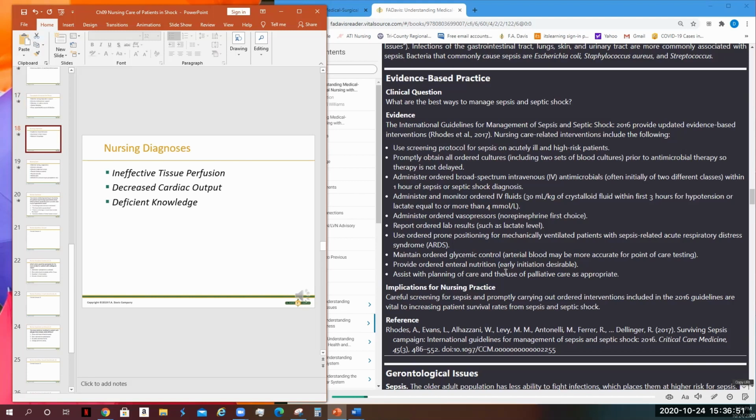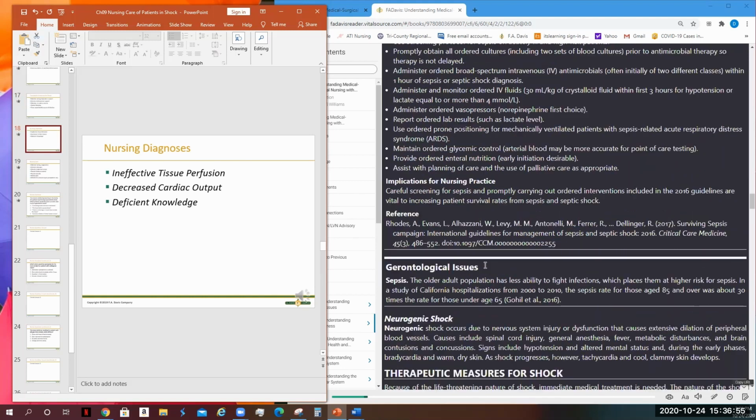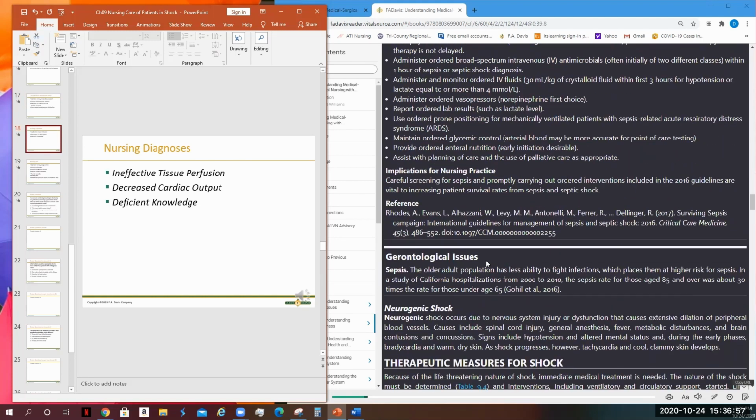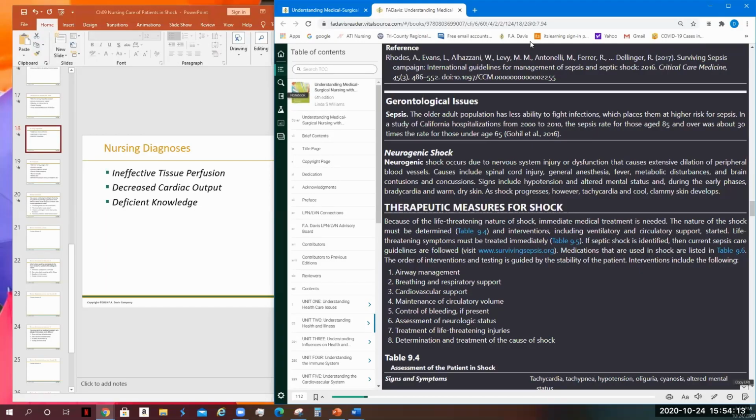as appropriate. Implications for the nursing practice are careful screening for sepsis and promptly carrying out ordered interventions included in the 2016 guidelines are vital to increasing patient survival rates for sepsis and septic shock. Gerontological issues. Sepsis.